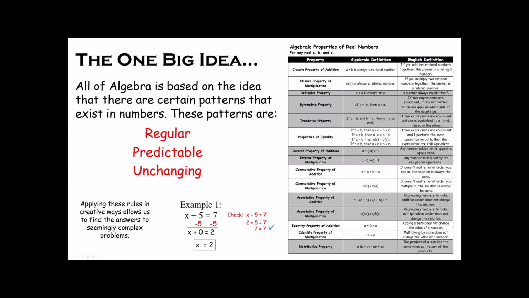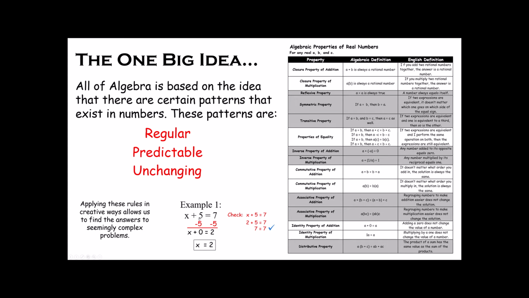And you can see over here on the right, I've got an algebraic properties of real numbers chart that I find to be very useful. In fact, I would suggest that you use your snipping tool and grab a snippet of that chart and print it out for your own reference throughout your study of algebra, because those things do get used over and over again. And then you can see that down here in the bottom I have one of the very simplest equations that we solved way back in the first video or two.